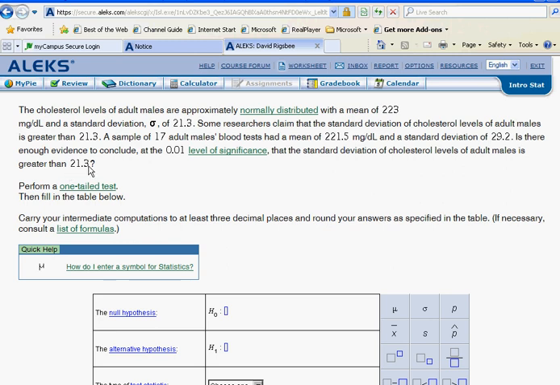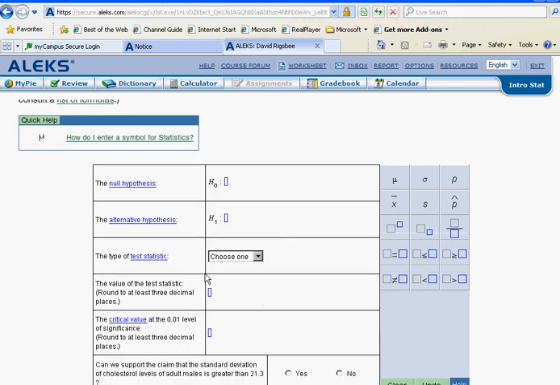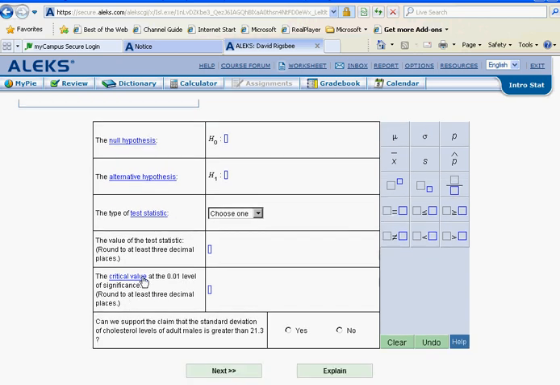So they tell us to perform a one-tail test. If we look on down through the list here, notice that they're asking us for critical values, not p-values. So if we're dealing with critical values, we're going to be doing a traditional test. Let's take a look at our formulas for just a second.